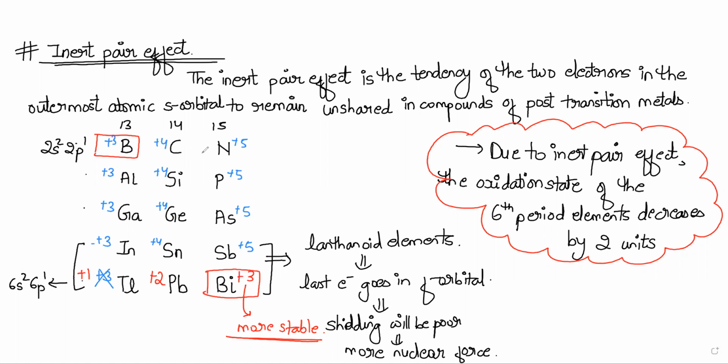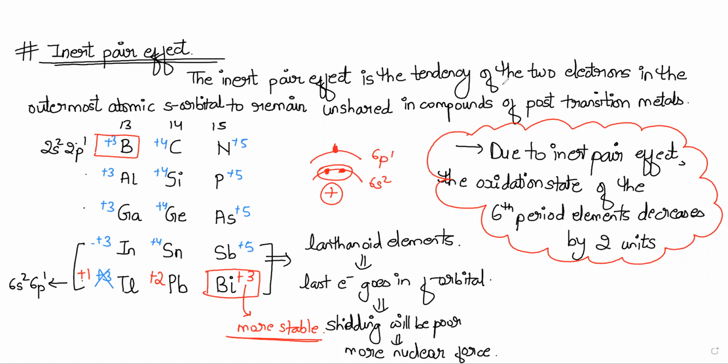Now let's come to the definition. It says the inert pair effect is the tendency of two electrons, which two electrons? The s orbital electrons. Let's consider thallium: it was 6s2, 6p1. So these two electrons become inert.